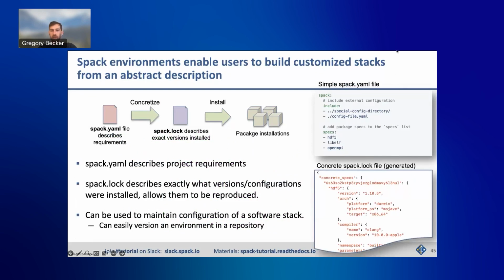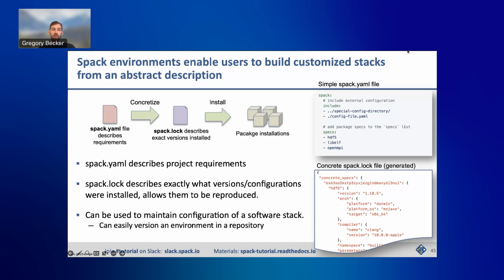Now, the last thing that we're going to talk about in the concept section are Spack environments. And Spack environments work kind of like Python virtual envs, if you've used those, or a lot of other sorts of manifest and lock file environments in other package managers. But basically, it extends the idea of an abstract and a concrete syntax, which we already have with abstract and concrete specs, to files describing a collection of specs.